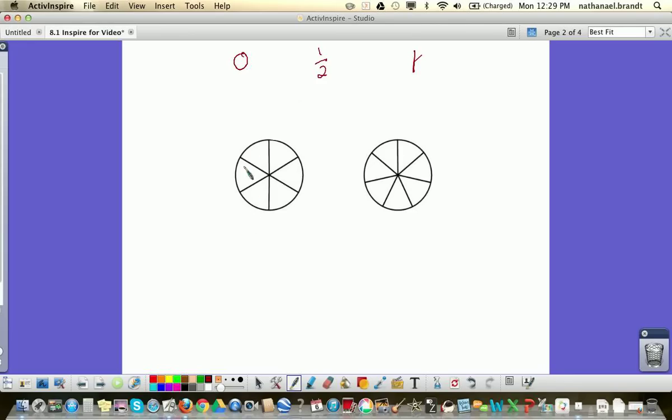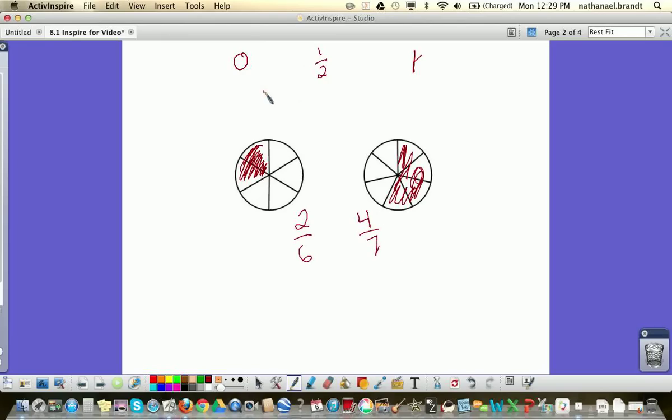For this problem, I'm going to shade in 2 pieces, and that's 2 out of 6, so we're going to write 2/6. And for this one, I'm going to shade in 4 pieces, which is going to be 4/7.